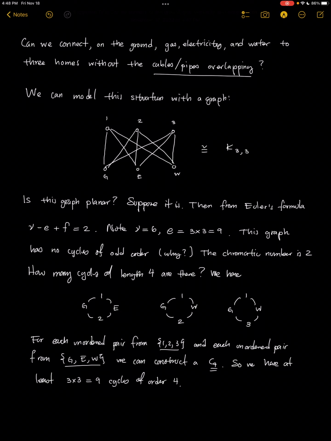So now we have this. 2, which is V minus E plus F, is at least 6 minus 9 plus 9, which is equal to 6. Well, that's a contradiction.